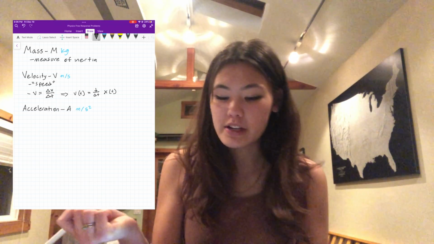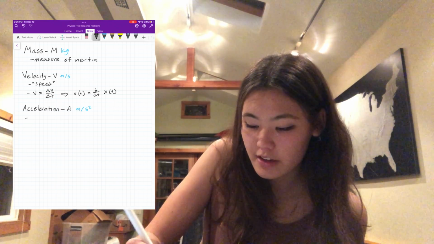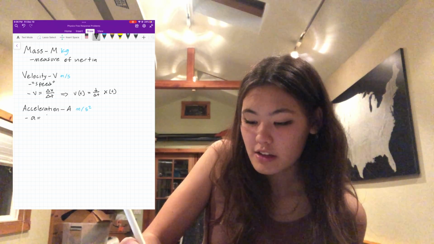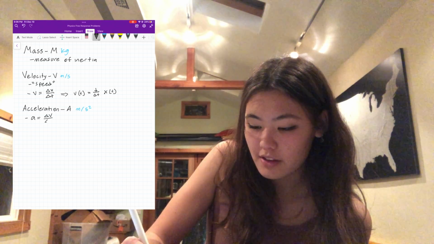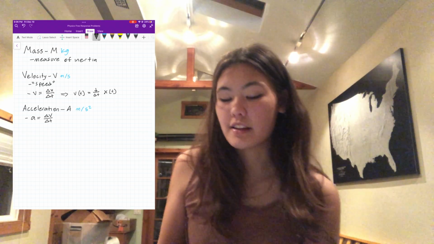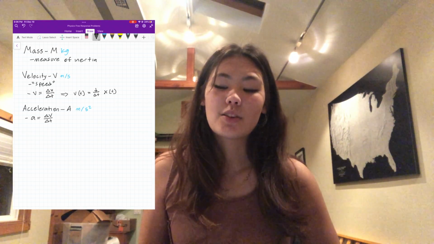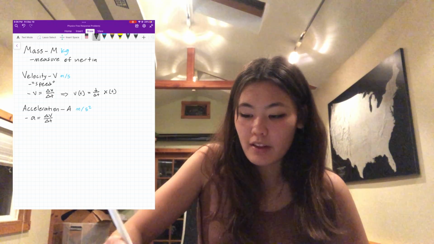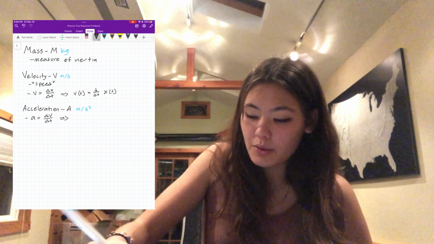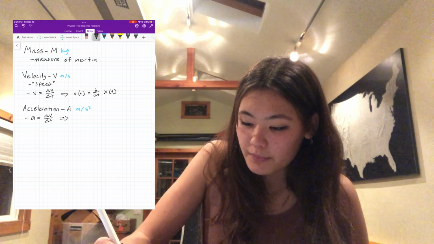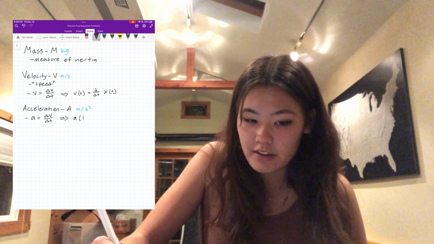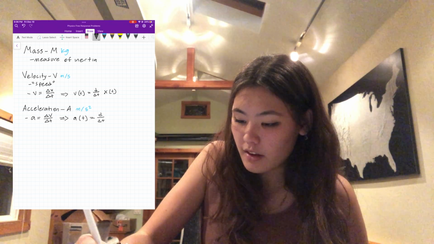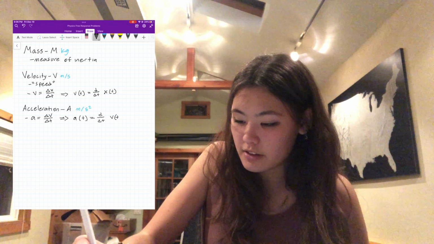And then the equation we can use for acceleration is A is equal to the change in velocity over the change in time, as acceleration, as I said, is the rate that the speed changes. And we know that from our integral calculus, acceleration as a function of time is equal to the derivative of velocity as a function of time.